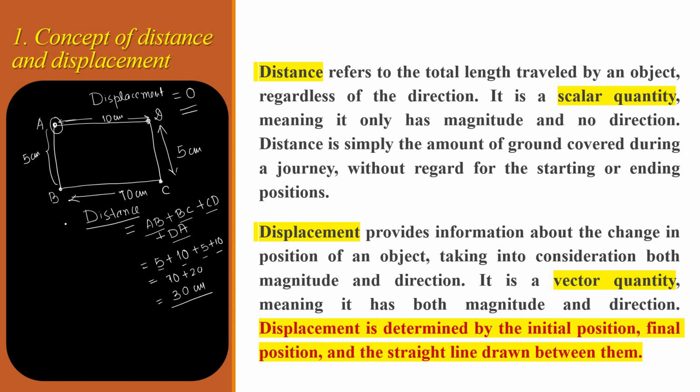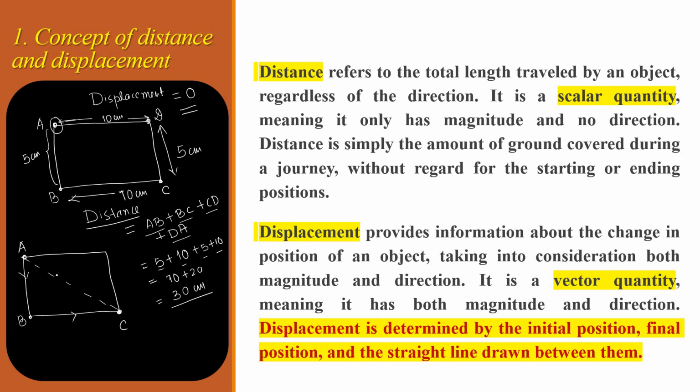Let us consider another example. In this case, the man is again traveling along a rectangular path. He starts from A, then reaches B, and then at last he reaches point C. Now, what is the distance and displacement?